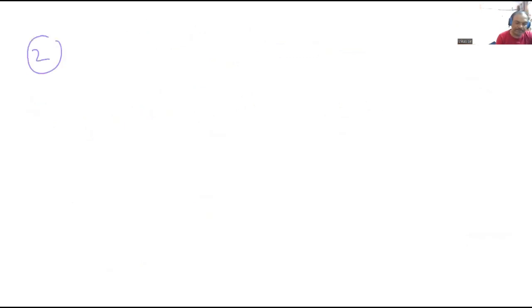Question number 2 is there. For example, if you have d by dx of sine square x. This is sine square x. What does it mean? It means that you have dy dx of sine x whole square.